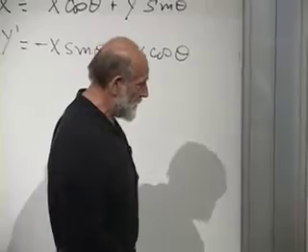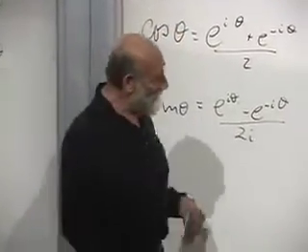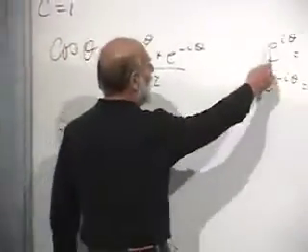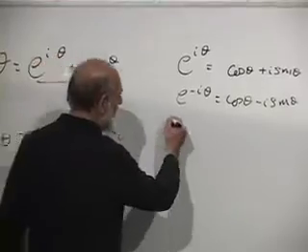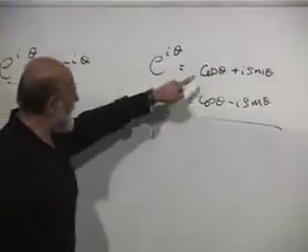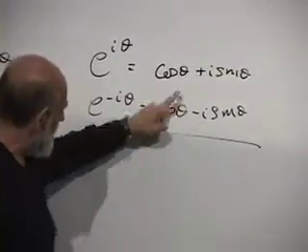In particular, as was explained to me by Michael a number of times, if we multiply e to the i theta times e to the minus i theta, we will get 1 on this side, but on this side we will get cosine squared of theta plus sine squared of theta.